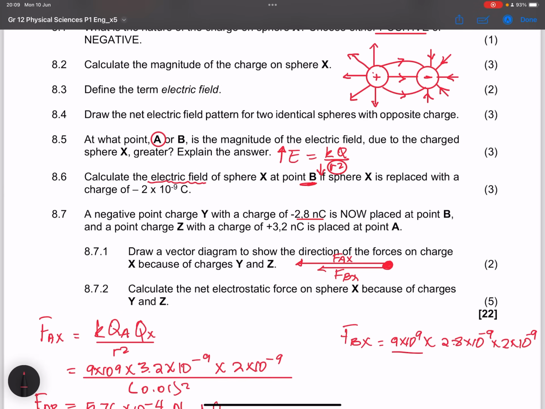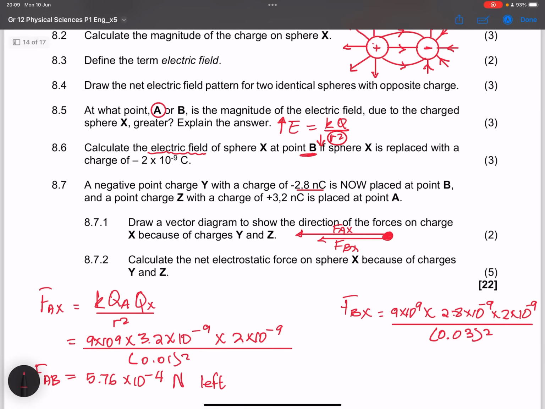And the distance between B and X, we said this was 0.03. Another way to find that force, because you already had the field, is that you could have multiplied the field. You can use the equation E is equal to F over Q, right? So you want the force, you already have the field, so you could have just multiplied by the charge on X.